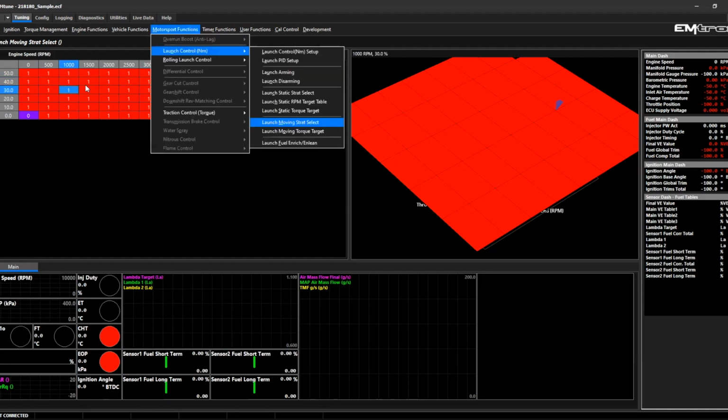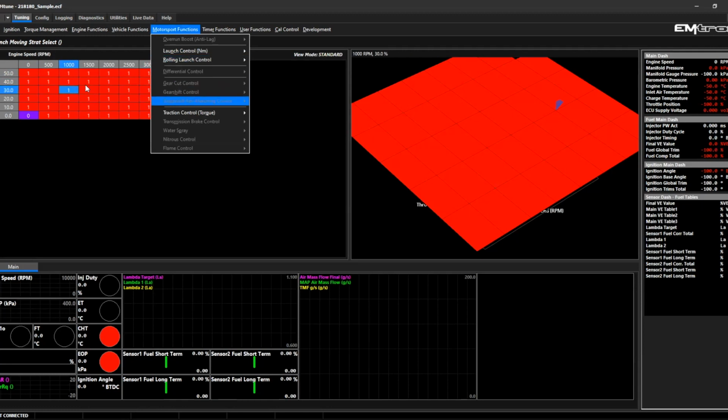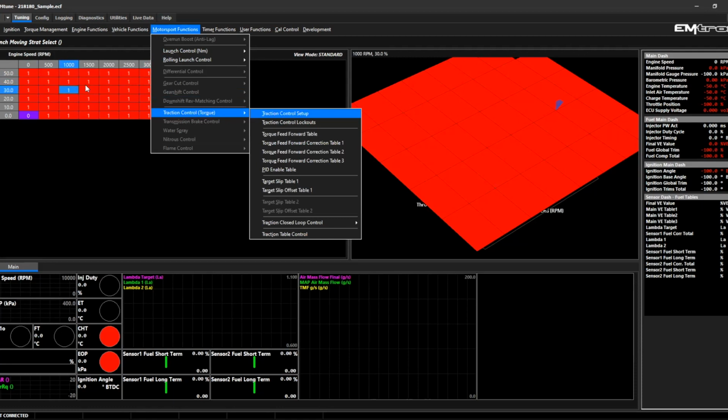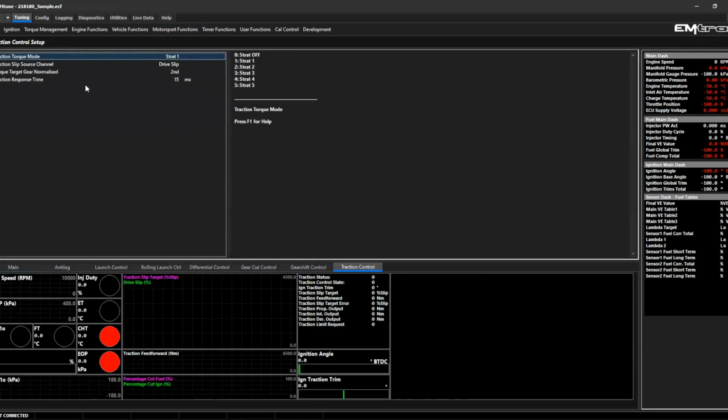The other function, which has changed radically, is the traction control function. So this also is based on a strategy system. Now, for this release, you are limited to whichever strategy you choose for the torque, for the traction mode.